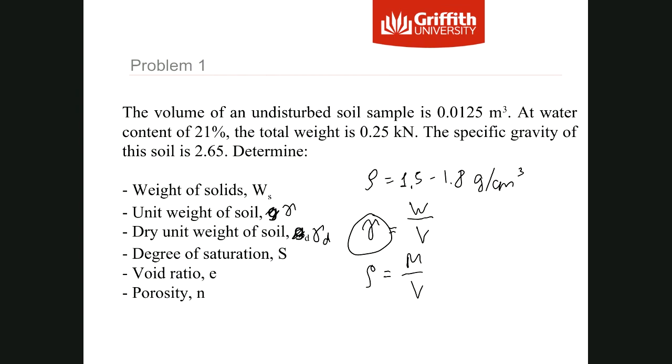The way to get unit weight is either we use weight of soil and divide by the volume, or if we know density, unit weight is density times the gravitational acceleration, which we're going to use 9.81.